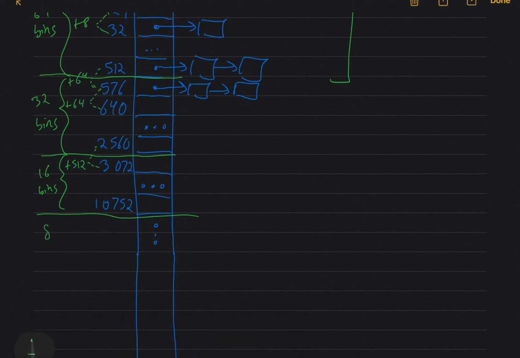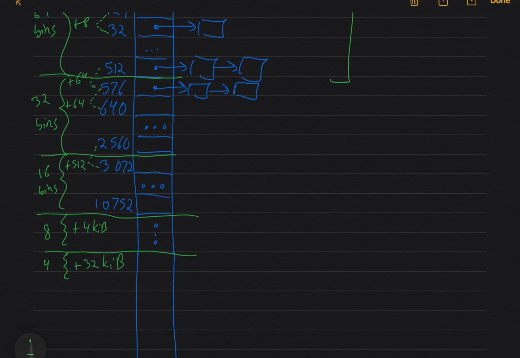So we'll have 8 of increments of 4 kilobytes, or 4096, and then we'll have 4 bins that have increments of 32 kilobytes.